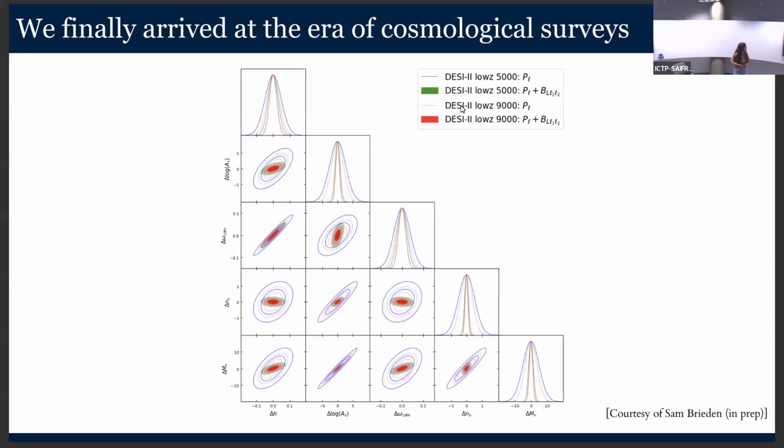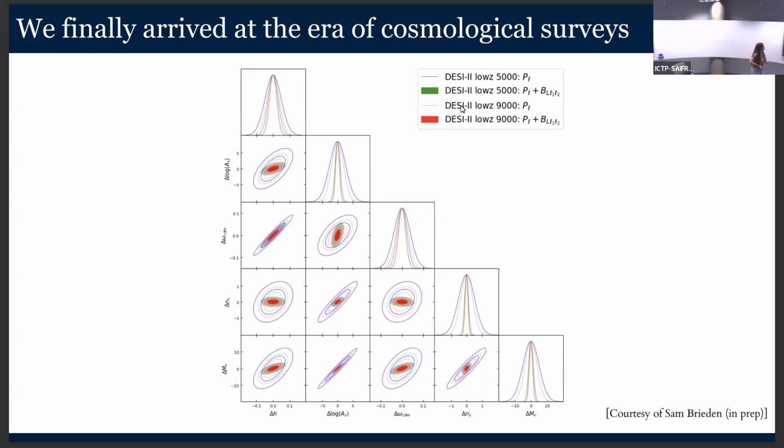And this is also the power of the bispectrum for the case of DESI 2. This has not been published yet. This is preliminary work by Sam Bridham, so I thank him for lending me this plot. Basically, this shows how you improve. These 5,000 and 9,000 are the area of your survey.